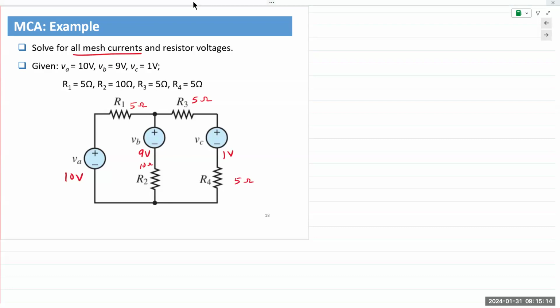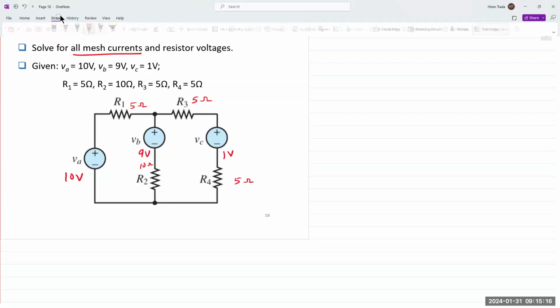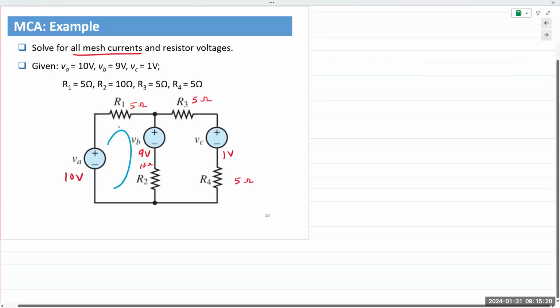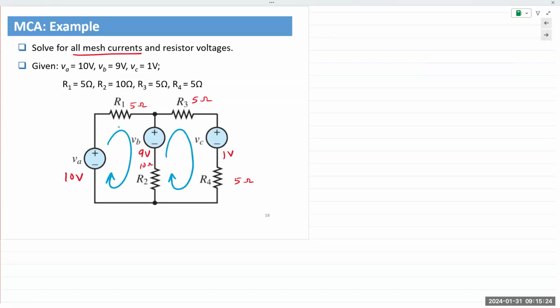Okay, time to choose the mesh currents. As I said, I always typically choose a clockwise current. Since I already have A, B, C, and 1, 2, 3 in there, I'm going to use X and Y, so IX and IY. Again, those are just notations.